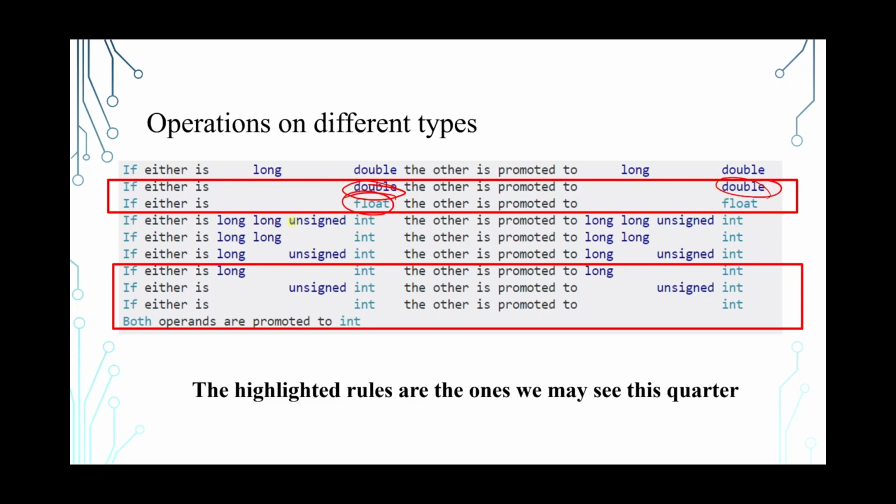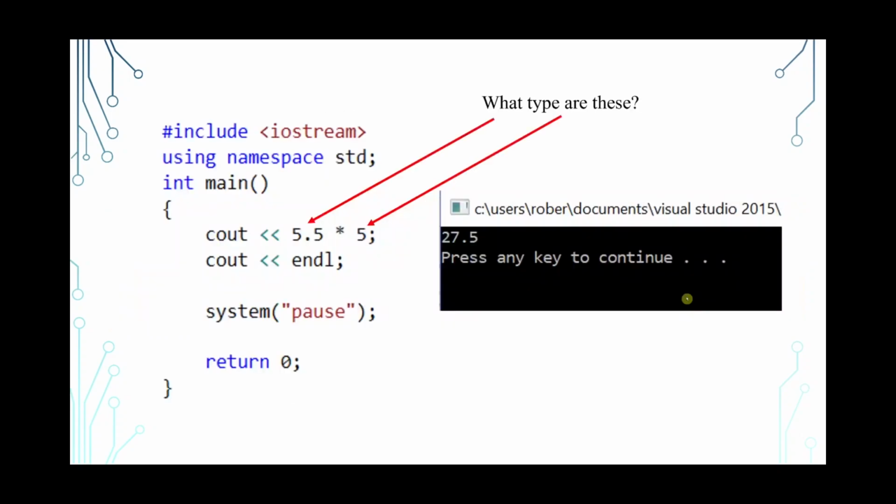If either is float, the other is promoted to float. If either is long int, then the other is promoted to long int, because this is the bigger size. Unsigned int and signed int, the unsigned is the bigger size. So if any of them is int, the other is promoted to int. So these are the things that you may see.